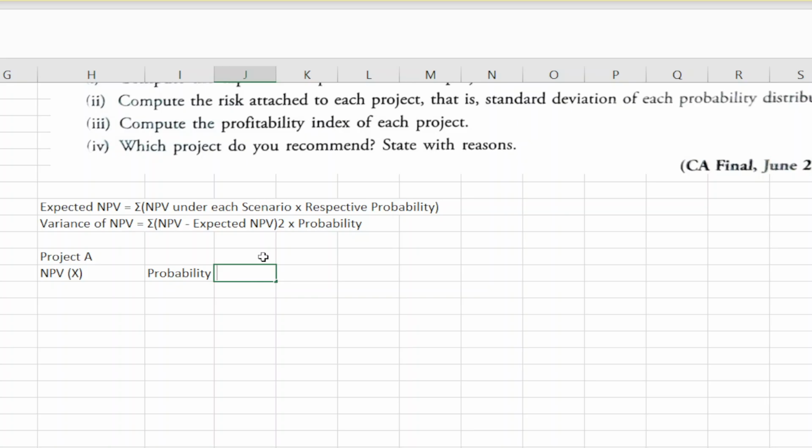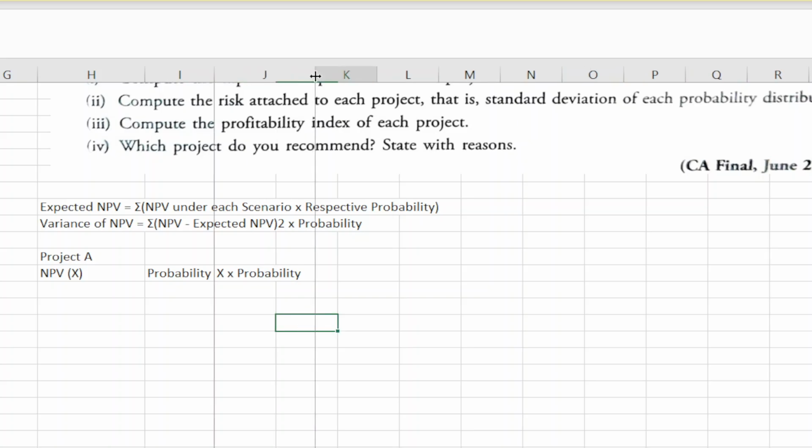The video might be a little bit slow for some of you, but I just want to make sure that there is no glitch and you have understood it properly. Okay, X into probability, this is another column.